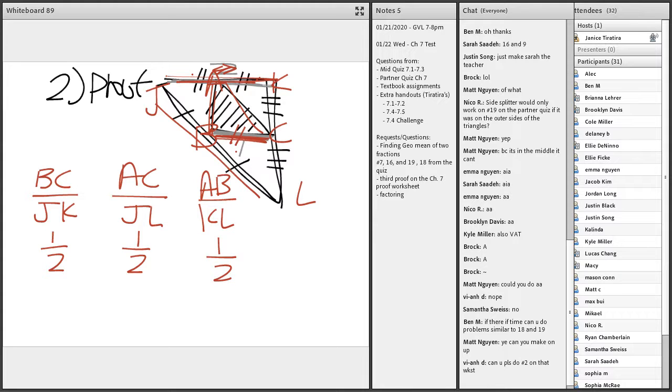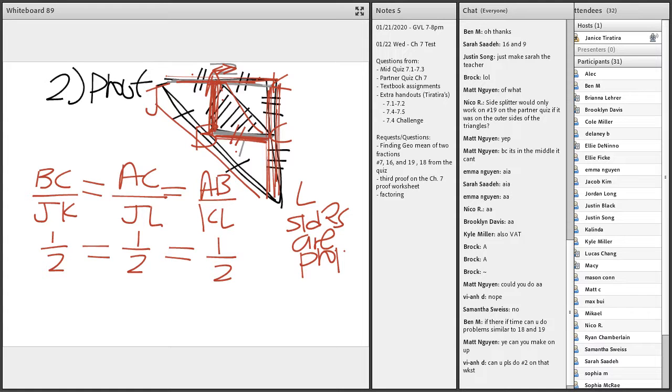So the inner mid-segment and the outer third side, they have a 1:2 ratio. So you want to show all three of them are proportional because they are, right? They're all equal to 1/2. So then that would be sides are proportional.